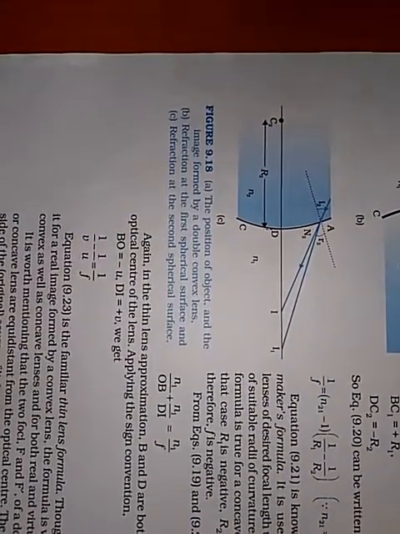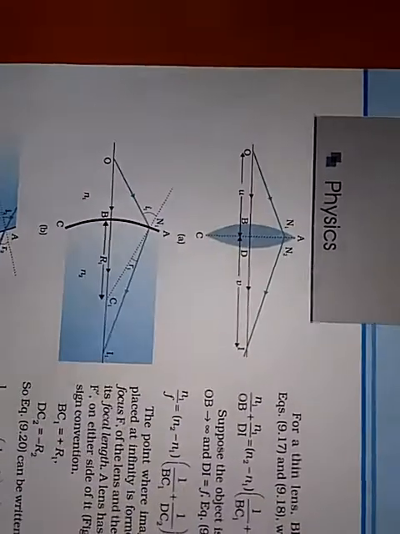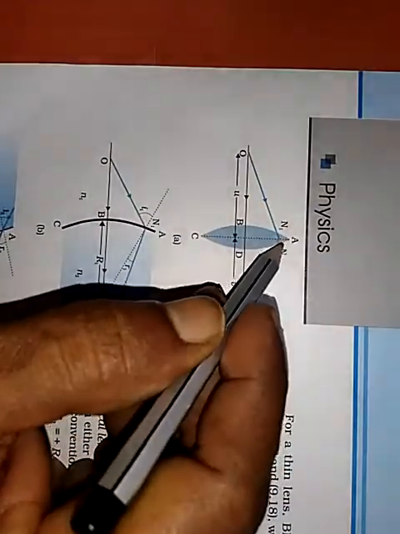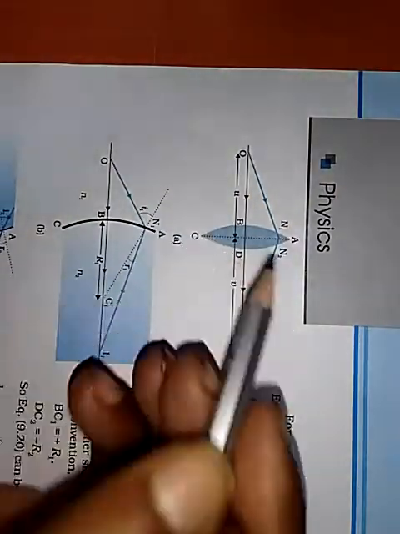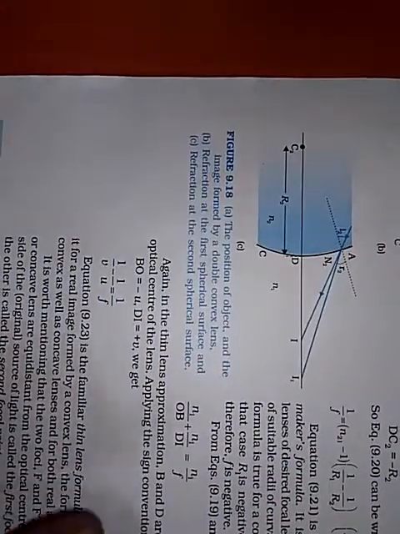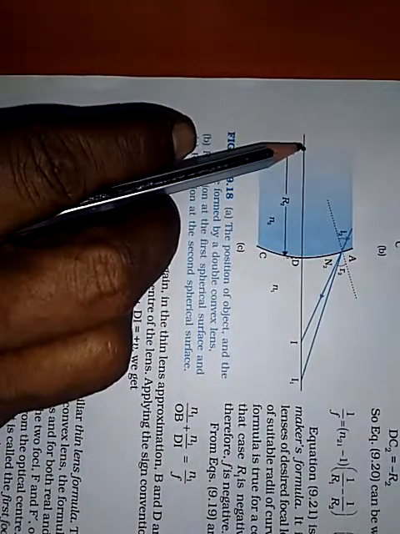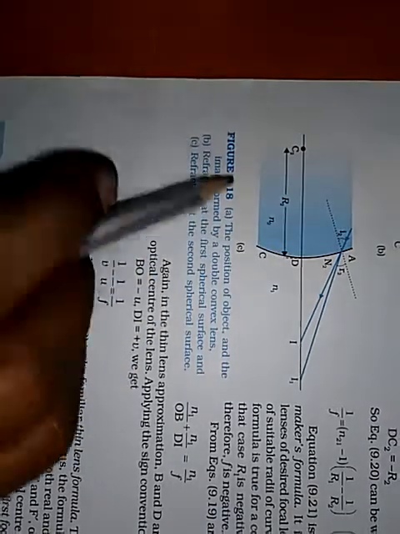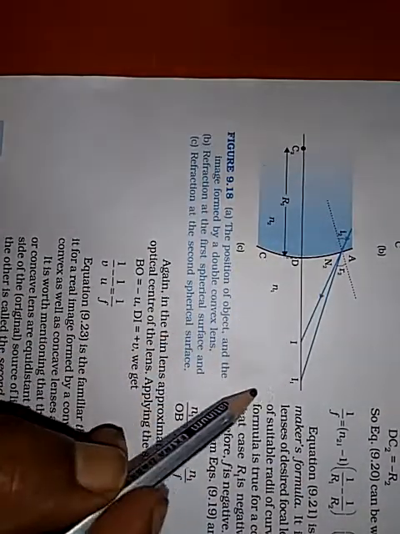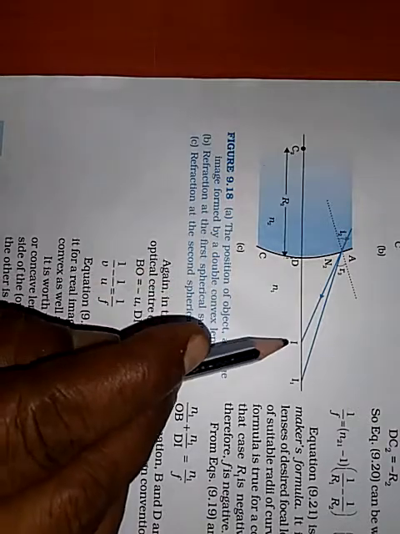If you carefully watch the second interface, this side, the second part, that part alone is redrawn here. Now this is n2, this is n1, this is C2 and R2 is the radius of curvature. So the first image formation is I1 and then it is I.